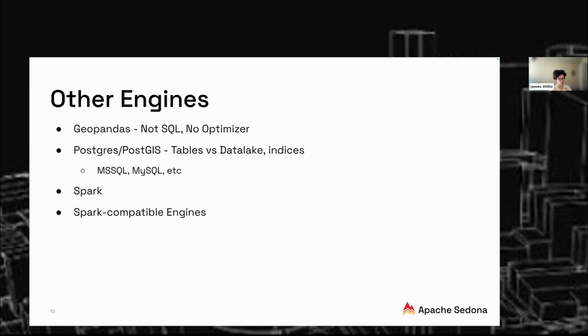Any of these more traditional RDBMSs have their proprietary table format. You need to ingest the data into the table before you run queries on them. I know that's probably not strictly true. They have some concept of an external table or whatever.